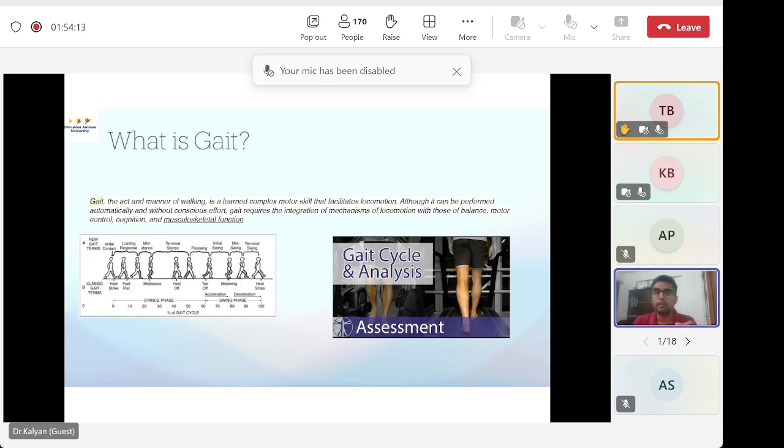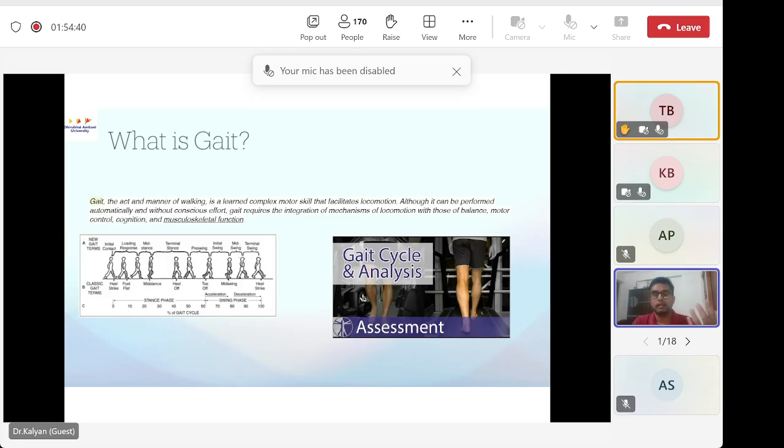Although it can be performed automatically without any effort, gait requires integration of mechanisms of locomotion with balance, motor control, cognition, and musculoskeletal function. It's very complicated. Your brain has to coordinate, your muscles have to coordinate, your skeletal system, your bones, the leg bones, everything. They all have to sync to help you move.